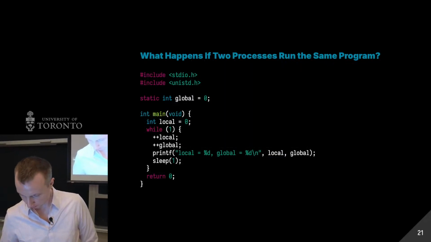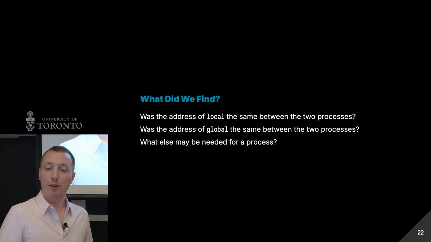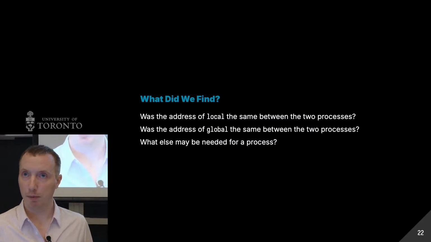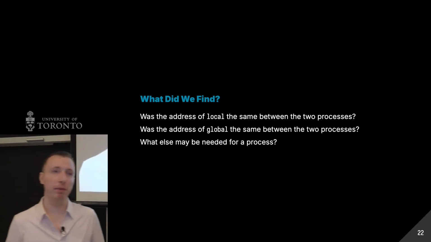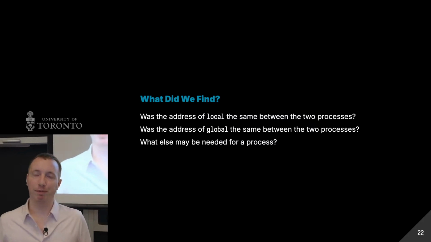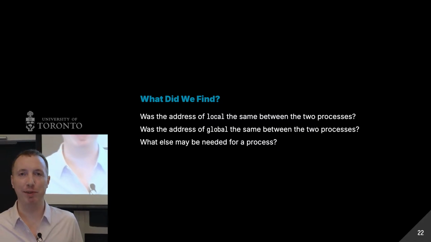All right, so what we find is the address of the local was different between the two processes when they were both running at the same time. But turns out, I'll give you a spoiler on that one, the operating system could have made it the same, it didn't really matter.